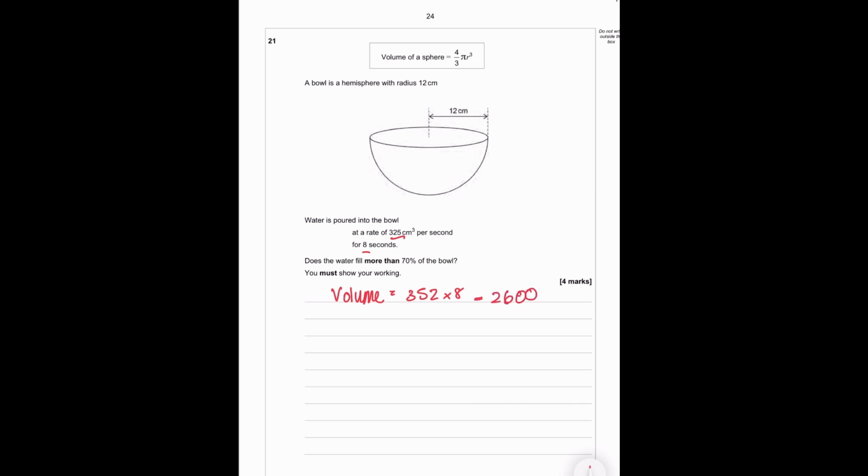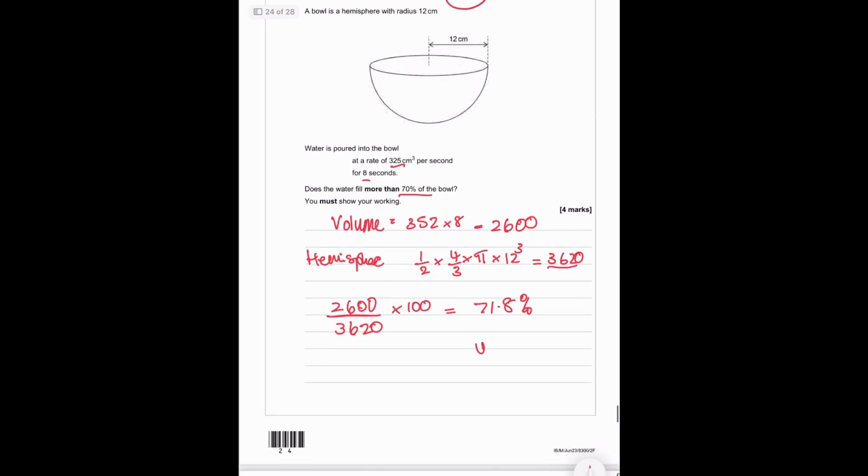Now the volume of the hemisphere, if we use the formula and then divide it by 2, so we're going to get a half times 4 over 3 times pi times 12 cubed, because the radius is 12. Put that into your calculator and you get the answer 3,620. 2,600 divided by 3,620 and times by 100 to make it a percent gives me 71.8%. So does it fill more than 70%? Yes.